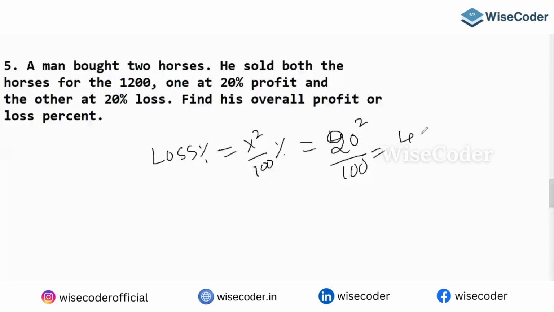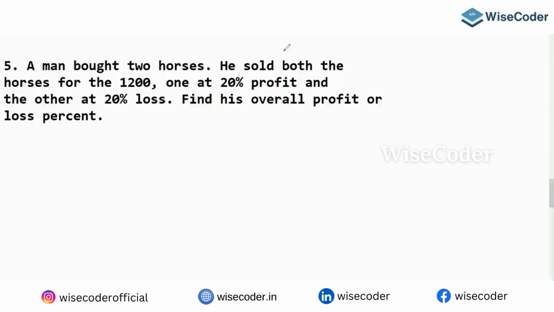What is 20 square? 400 by 100. So that is nothing but 4% loss. So the answer for this question is 4% loss. Let's go to the next question.